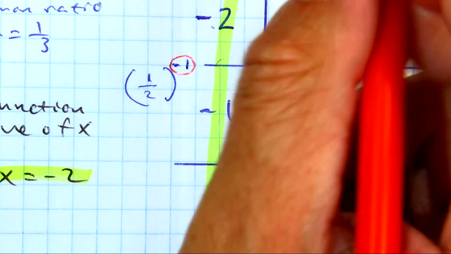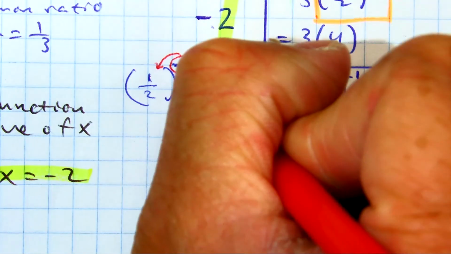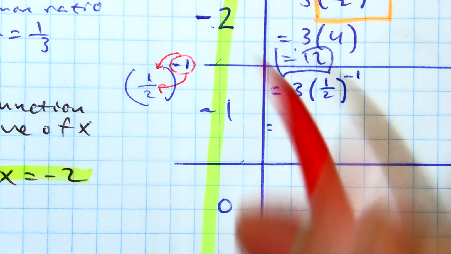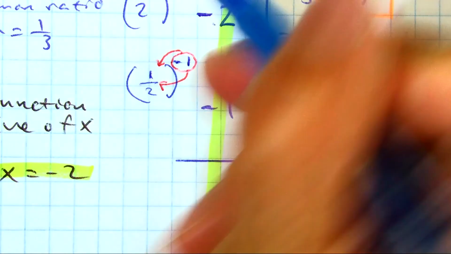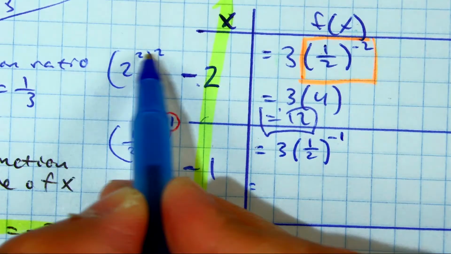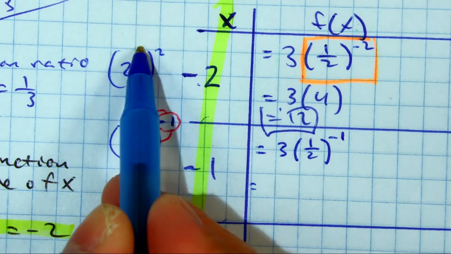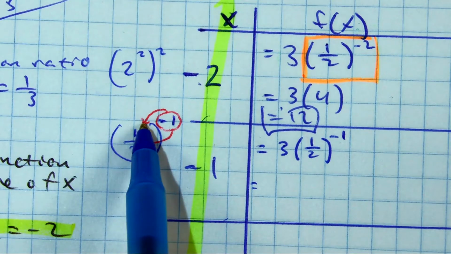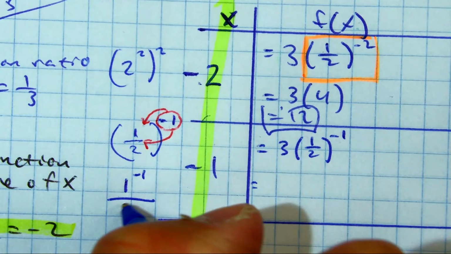Essentially, it means that you can distribute this -1 to its exponents. If you had 2 to the 2nd power times 2, then you just multiply those numbers. That would be 2 to the 4th power. So essentially we're just distributing this -1. This one has a power of 1, so this will be 1 to the -1 power over 2 to the -1 power.